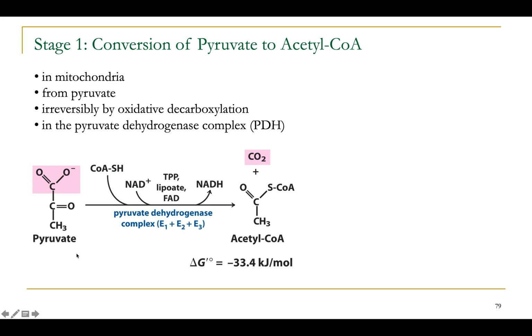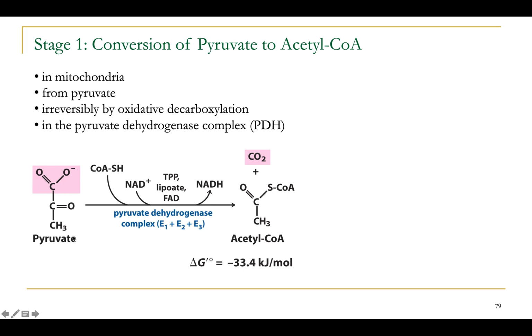In this reaction, the pyruvate loses its terminal carboxy group as CO2, and the acetyl chunk is transferred, forming the thioester with the reduced form of coenzyme A. Concomitantly, the redox cofactor NAD plus gets reduced into NADH within this reaction.